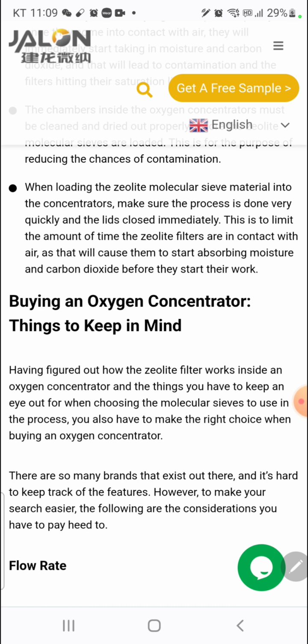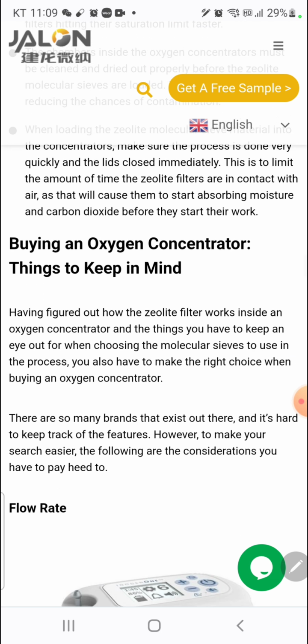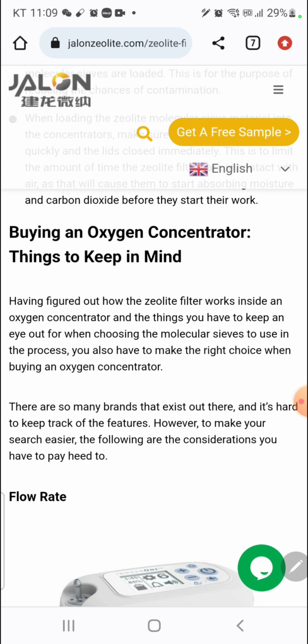This is to limit the amount of time the zeolite filters are in contact with air, as that will cause them to start absorbing moisture and carbon dioxide before they start their work.